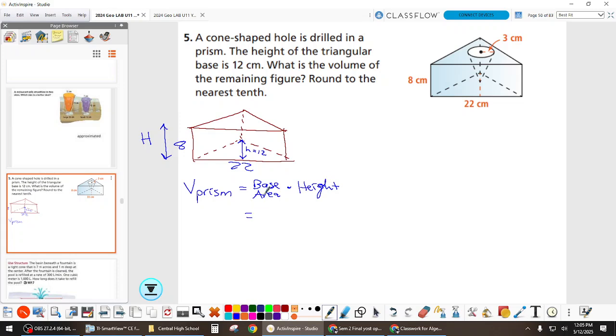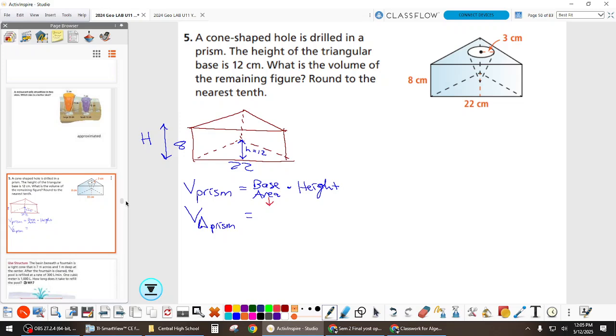In this specific case, so now for a triangular prism, how do we find the base area? In other words, what's the area of that triangular base? Close.